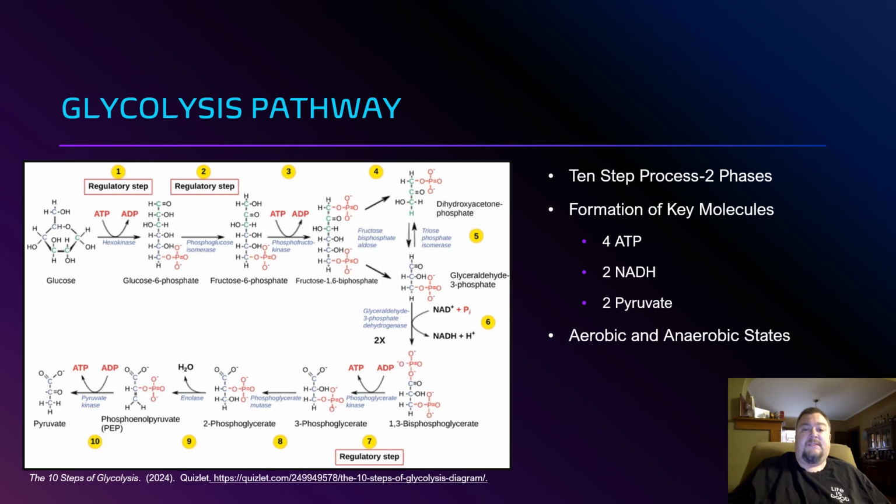PEP is an unstable molecule poised to lose its phosphate group in the final step of glycolysis. And then step 10, PEP readily donates its phosphate group to ADP, making a second molecule of ATP. As it loses its phosphate, PEP is converted to pyruvate, the end product of glycolysis.